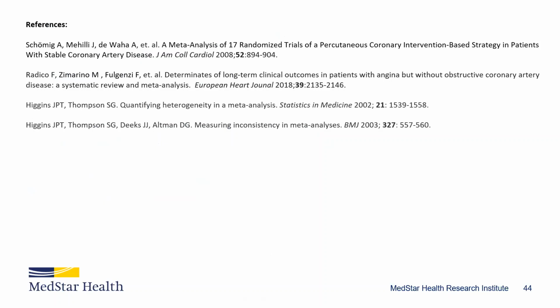And then the last two are more methodological studies. I would recommend the first Higgins one, the one from Statistics in Medicine. It's actually fairly readable. It does show how heterogeneity is calculated, but it's really a good article on looking at heterogeneity in meta-analyses.